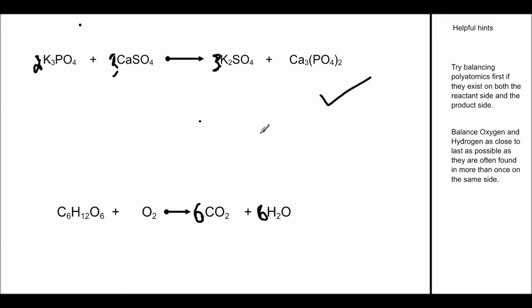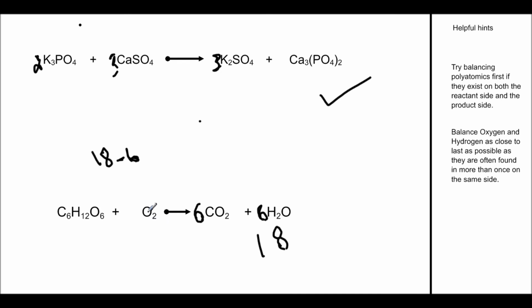We have to combine them together. That is a total of 18 oxygen. Okay? So 18 oxygen on this side means I have to have 18 here. I already have 6 here, so I can actually do a tiny little bit of math, as much as I can. 18 subtract 6 actually gives me 12.